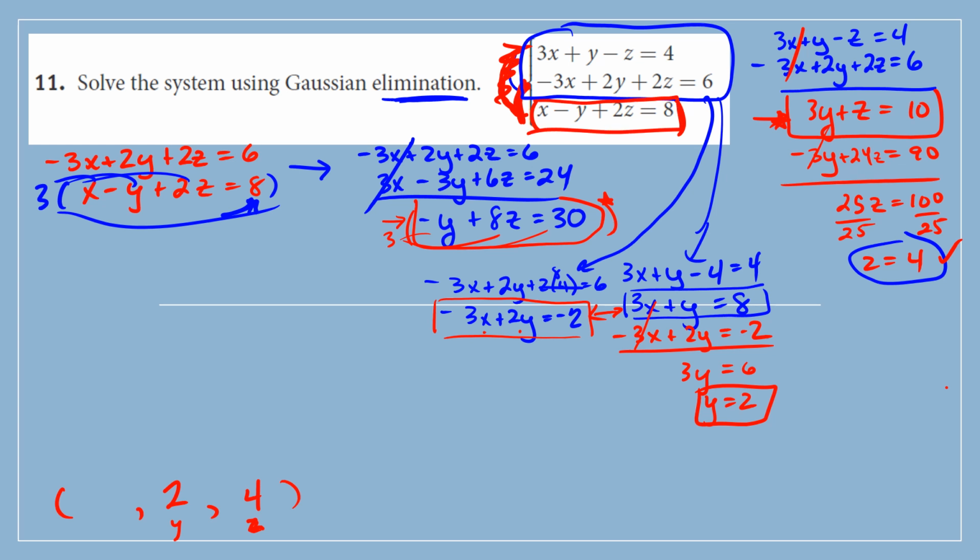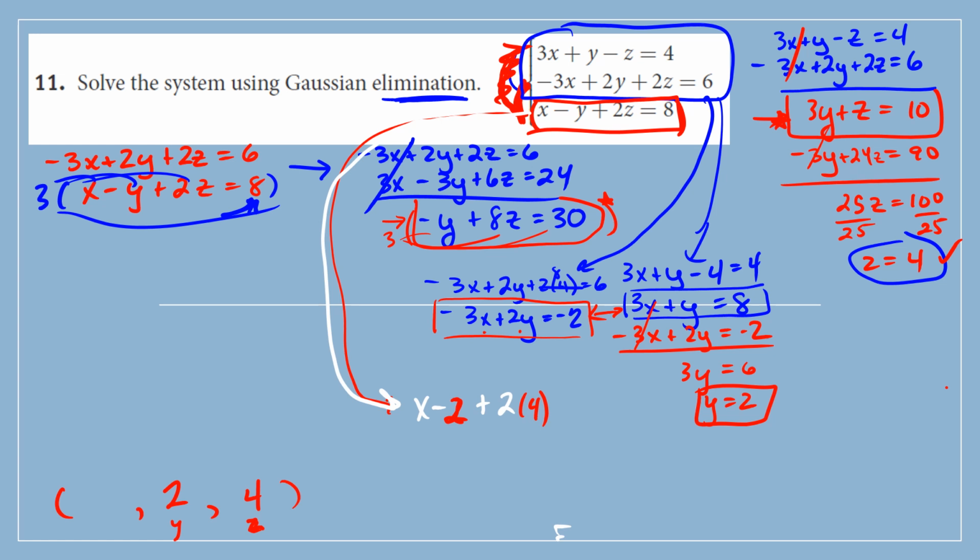So if I bring that third one all the way down here, I would have x minus y, which is 2, plus 2 times z, which is 4, equals 8.